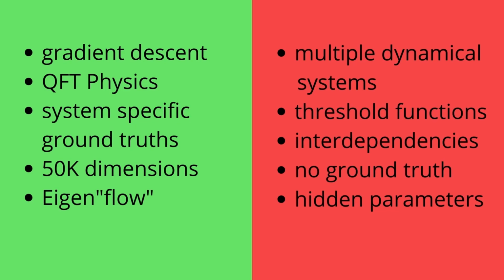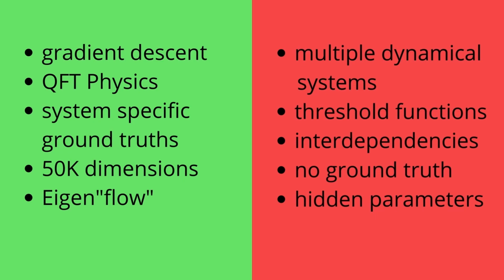But what we have, in green you see what we have, in red are the problems. In green, we know about gradient descent. We have the physics of quantum field theory. We have system-specific ground truths, but just for single systems. And we know something about the eigenflow. But we do not know about multiple dynamical systems, how we map them to AI prediction.